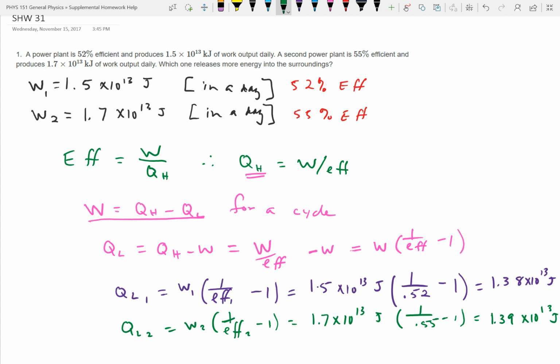Okay, so we used here the definition of what efficiency means and the relationship between work and heat for a cycle in a heat engine to solve for the energy that was being released. So it should be QL2.